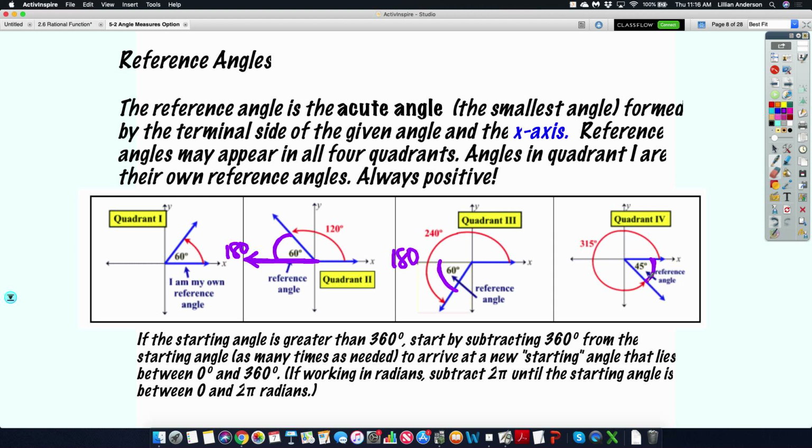If I go a full circle, how many degrees is that? 360. So 360 minus that angle will give me my reference angle. Again, no matter what, your reference angle is always acute. Always acute. Okay? And then this down here basically describes what I just did there.